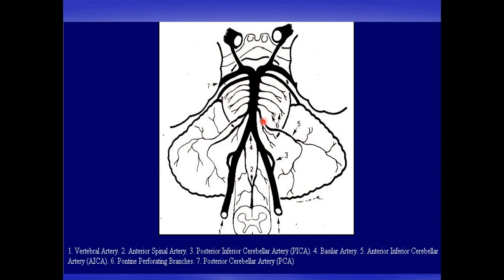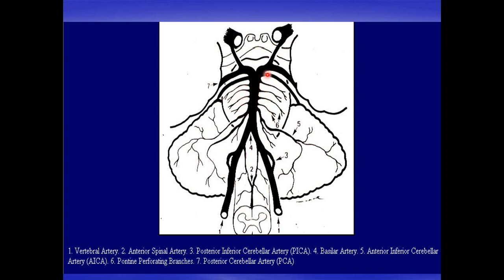And then this is the AICA, the anterior inferior cerebellar artery, arising from the basilar artery. So we have PICA from the vertebral, AICA from the basilar, then multiple small pontine branches supplying the pons.